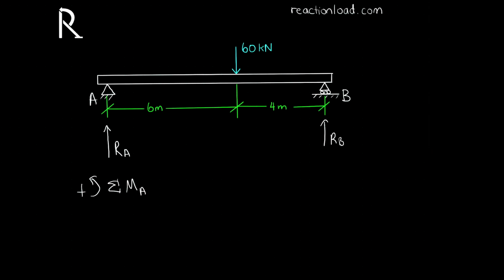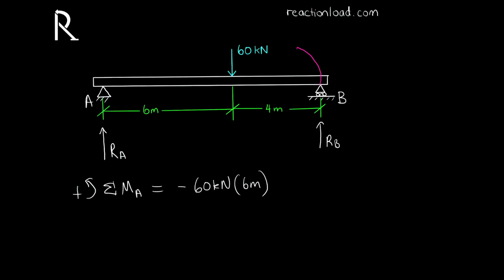So we can say that the sum of moments about A is equal to negative 60 kilonewtons by 6 metres. And then the other force which is causing a moment about pivot point A is RB. RB is causing the moment about pivot point A in the anti-clockwise direction.